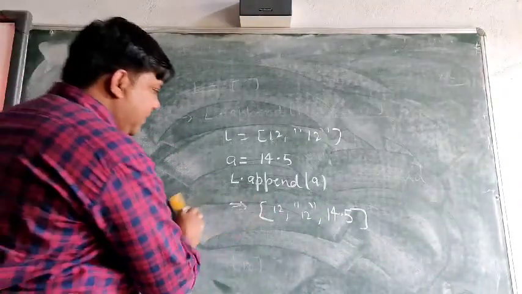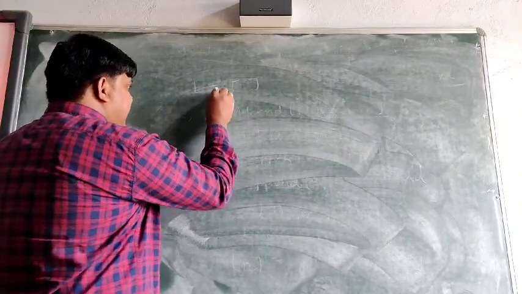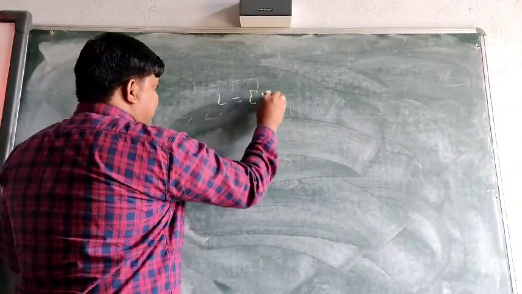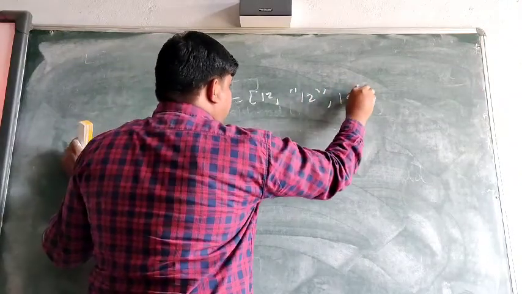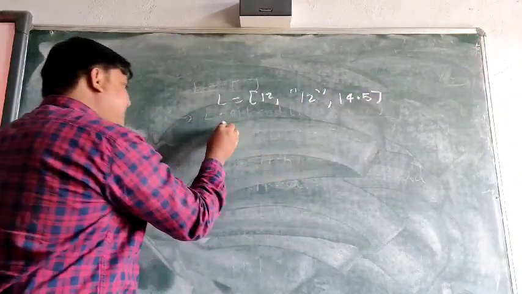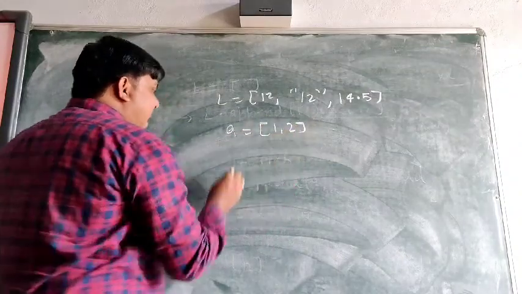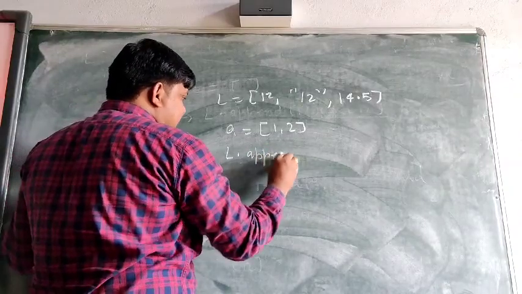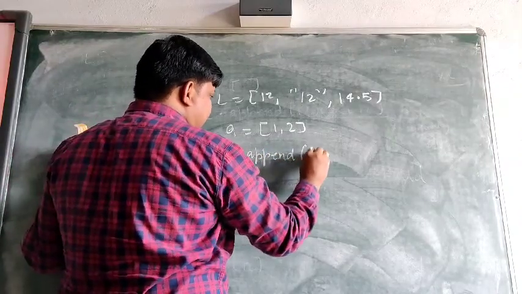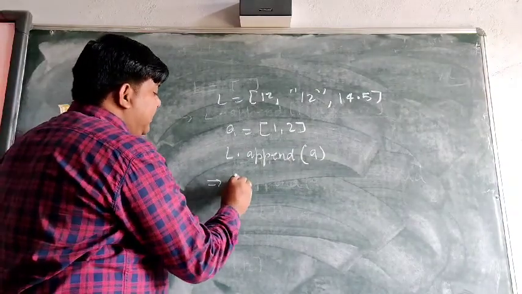Now look here. By using this, we have a list 12, double quotes 12, comma 14.5. Now I am writing here a is equal to another list 1 comma 2, and I have written here L dot append a. Now what will be the list state? The list will contain another list.